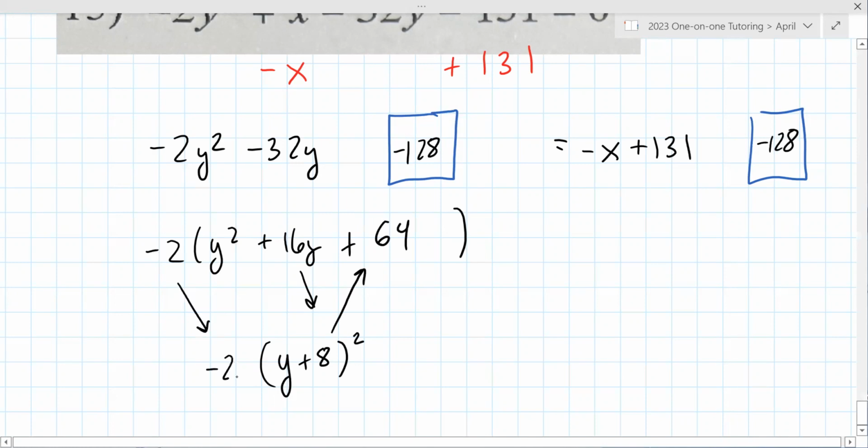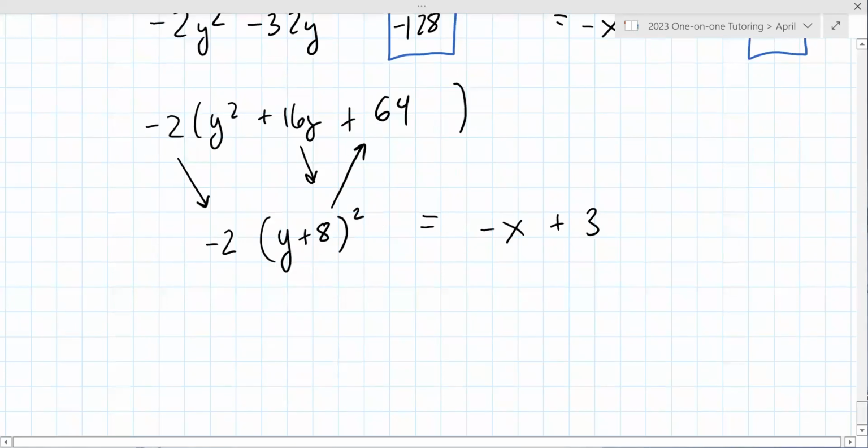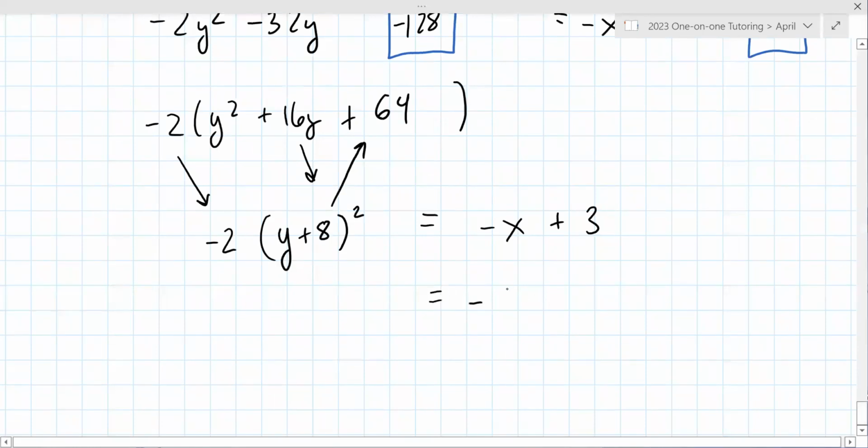You bring this minus 2 down. On the right, you have minus x plus 3. 131 minus 128 is plus 3. So you're almost there. On the right here, you have to factor out a minus 1 because the x has always got a positive there. I don't know if you can see that. I'm having all kinds of technology problems right now.